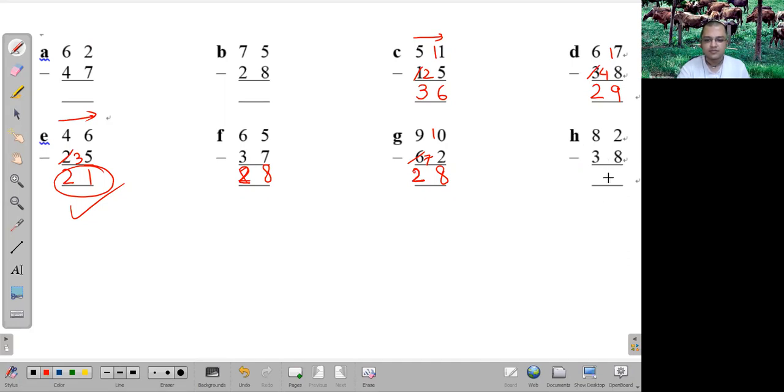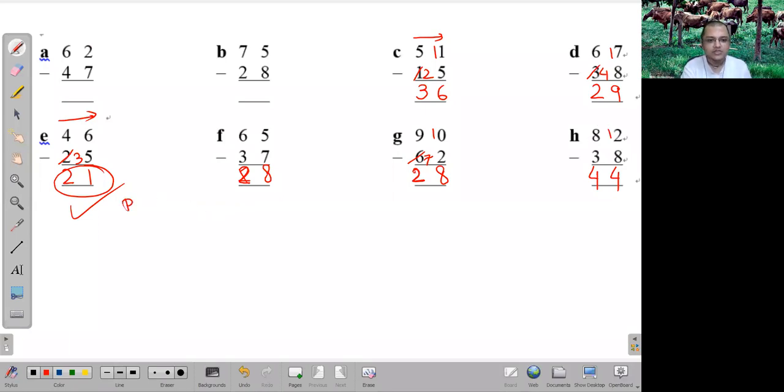Then when you subtract 4 from 8, it becomes 4, and 8 subtracted from 12 becomes 4. So the answer is 44. Okay, perfect.